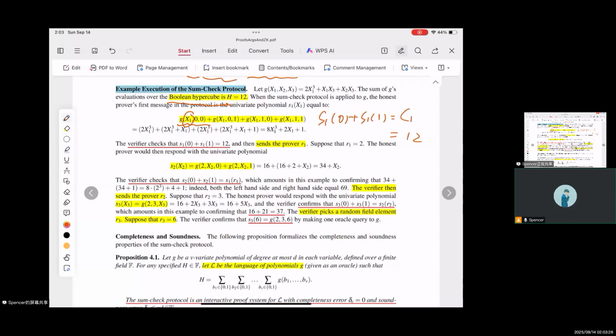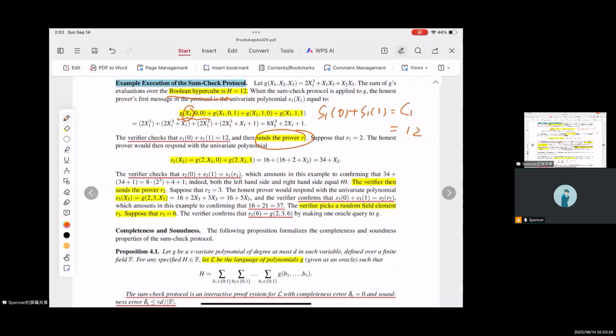If this holds, then the verifier sends R1. Suppose R1 is 2, a random value, and the honest prover would then respond with the univariate polynomial. So in the first round, it sends S1, X1.